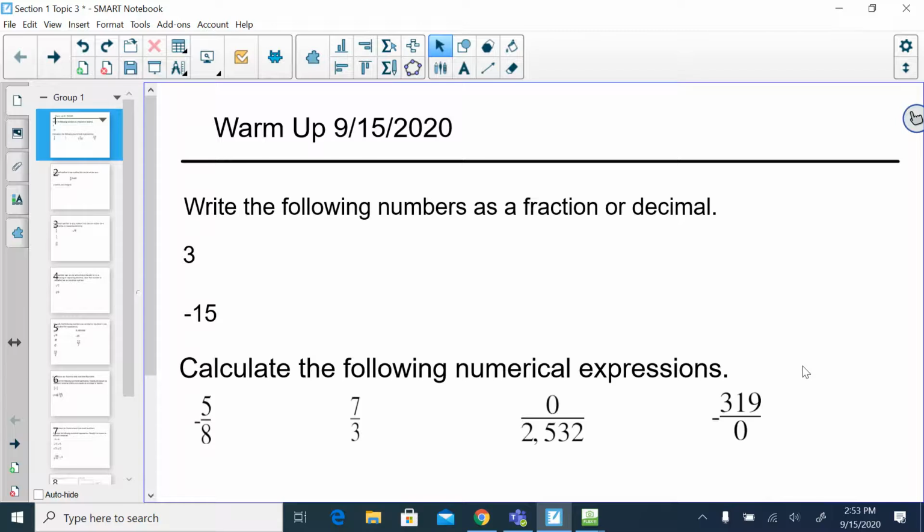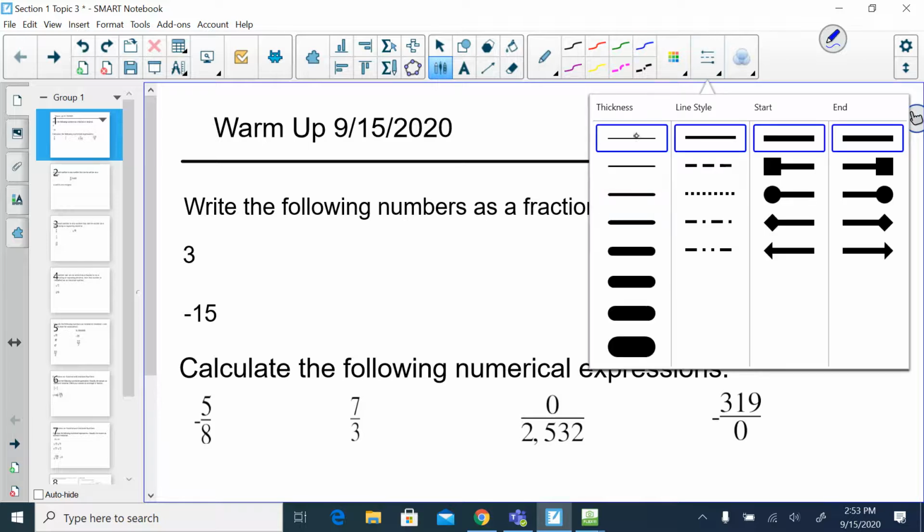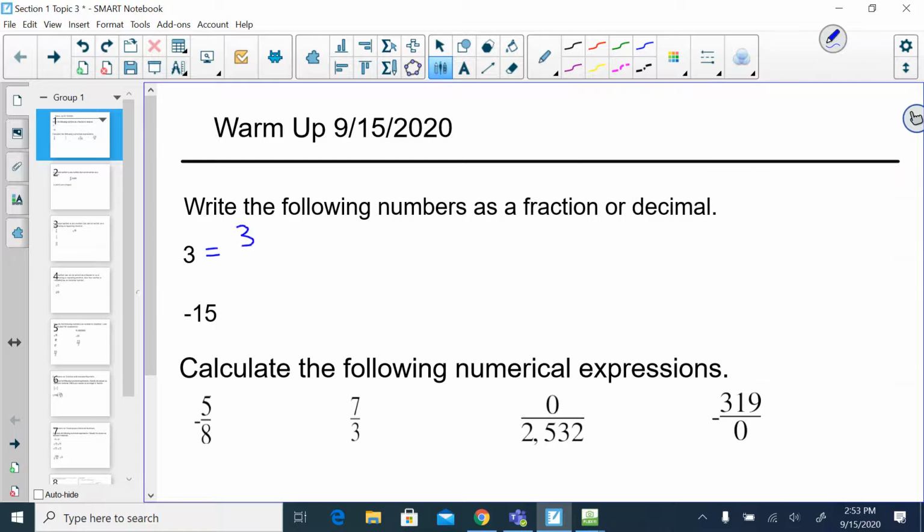So in order to write these numbers as a fraction or a decimal, 3 can be written as 3 over 1. You can also write this as 300 over 100. Another way of writing as a fraction is you could say negative 18 over negative 6.